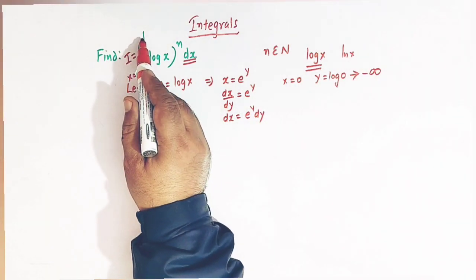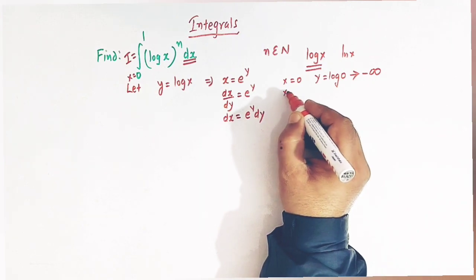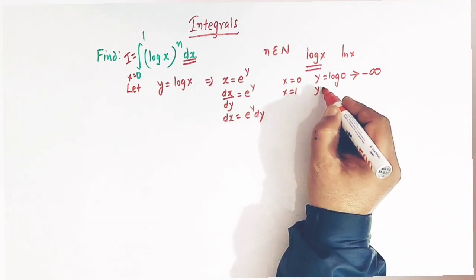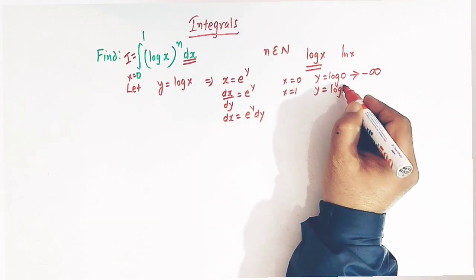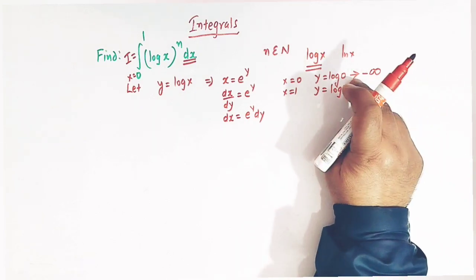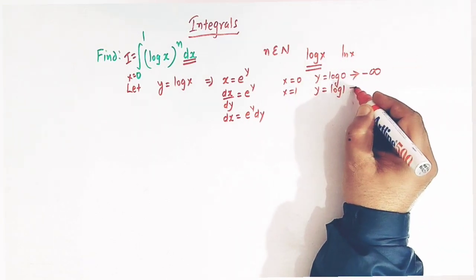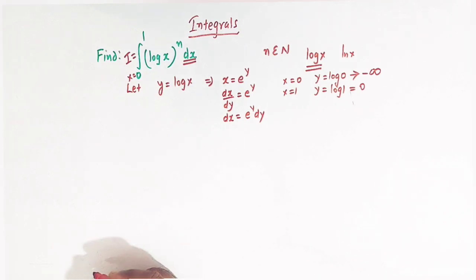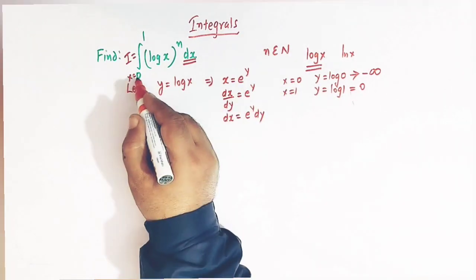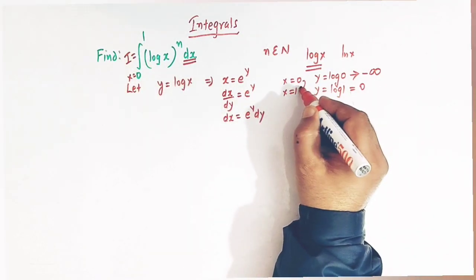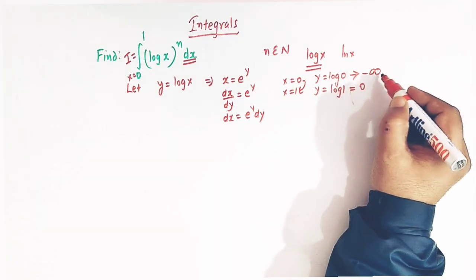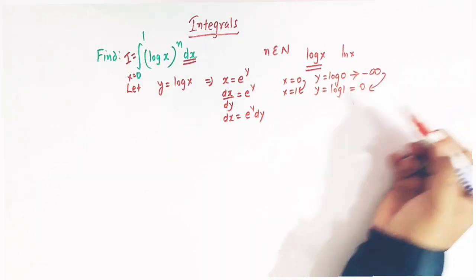And similarly when we take x is equal to 1, then y is equal to log of 1, which is equal to 0, right? So when x goes from 0 to 1, then y goes from minus infinity to 0.